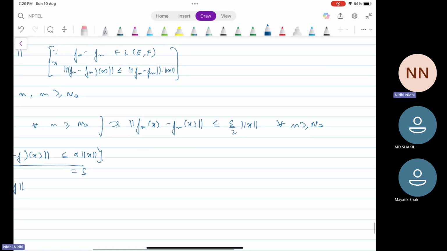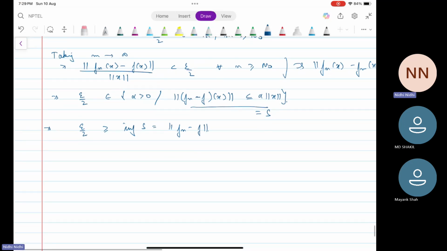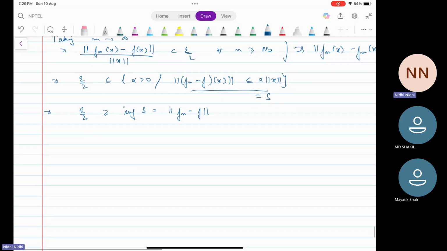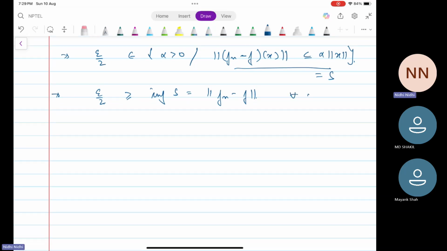This happens for every x in E. Now, since this infimum is equal to the operator norm, that means epsilon by 2 is greater than or equal to the norm of Fn minus F, for every n greater than or equal to n naught. This implies norm Fn minus F is less than or equal to epsilon by 2, which is strictly less than epsilon for all n greater than or equal to n naught.